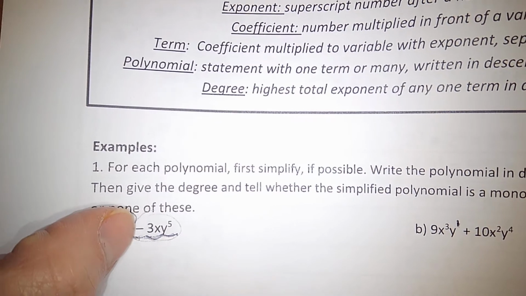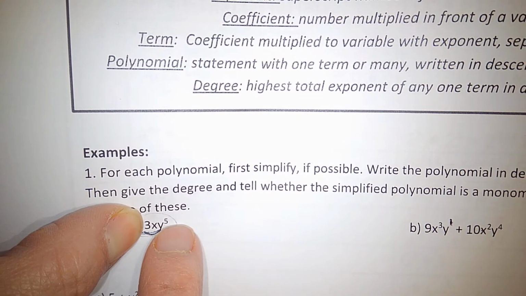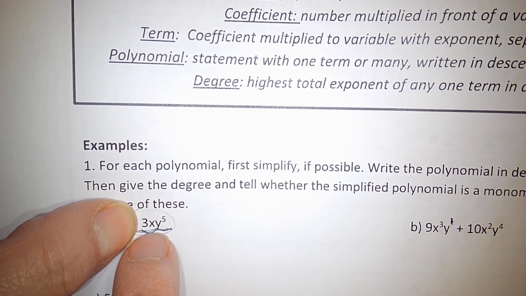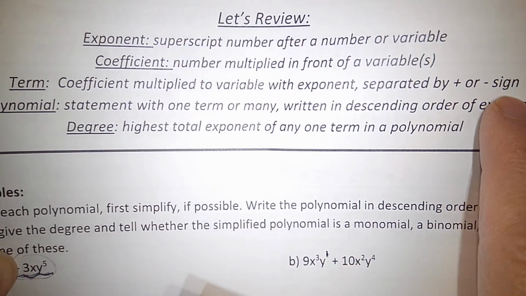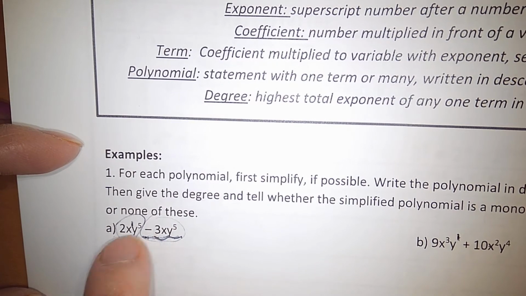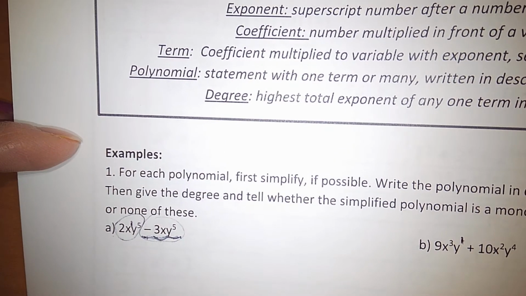Or if you say this term should have a 3 times x times y to the 5th, then we're subtracting this term, 3 times x times y to the 5th, okay? So either by plus or minus sign. And those give us what? Terms. How many terms are in this polynomial? 2 terms, right?